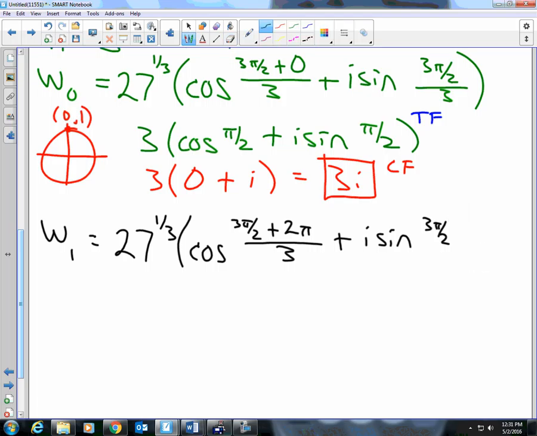If I'm going to add those together, what do I have to find? Common denominators. Instead of 2 pi, I could write it as 4 pi over 2.